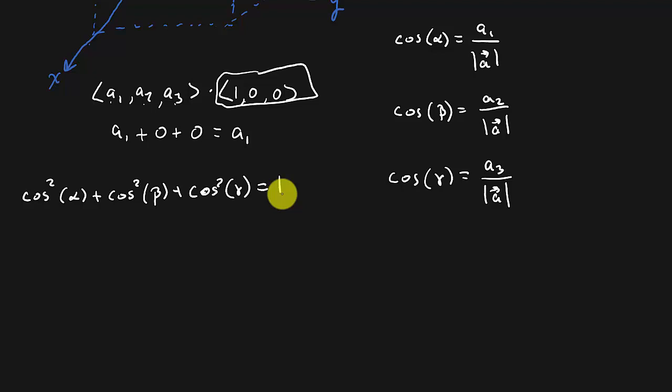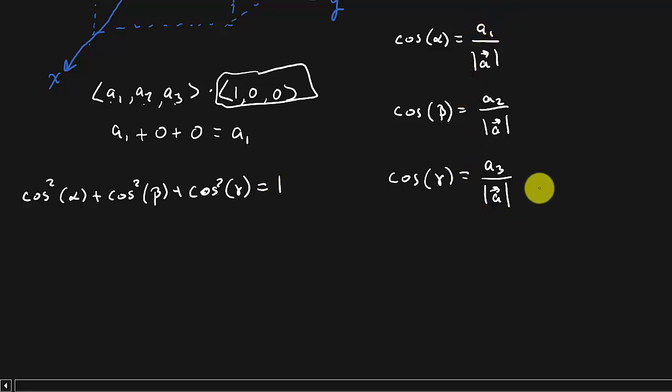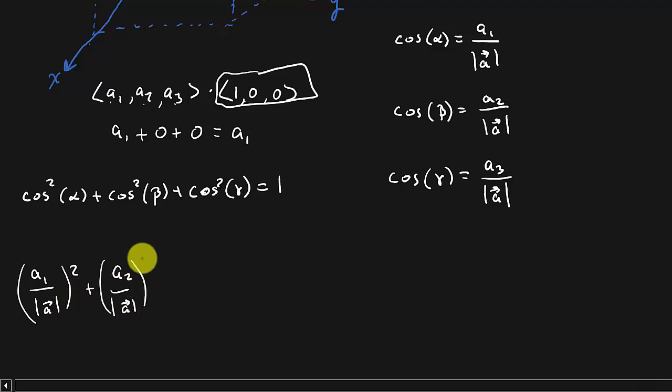Now, how in the world do we know that? Well, let's look at it. Let's take the right-hand sides. So if I have A1 over the magnitude of A squared, plus A2 over the magnitude of A squared, plus A3 over the magnitude of A squared.